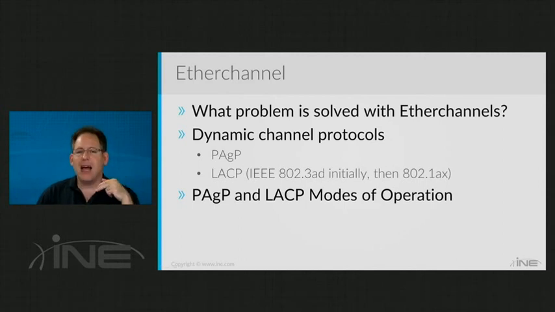So with both of them, LACP and PAgP, one thing they have in common is using the channel-group mode on command. So if you say channel-group and then you give it some number, like 1 or 2 or 3, and then you say mode on, whether it's PAgP or LACP, the net effect is the same. You're forcing it into an EtherChannel. You're not doing any kind of dynamic negotiation whatsoever.